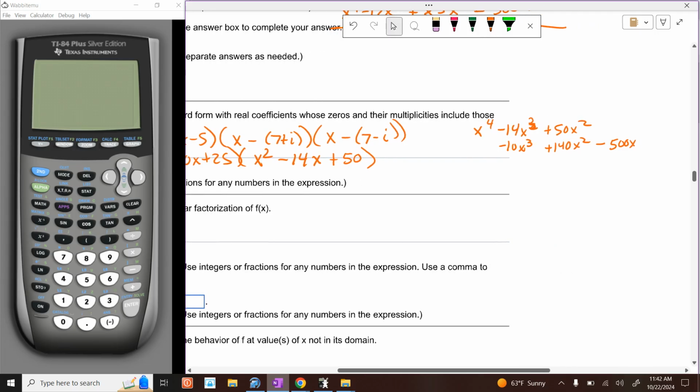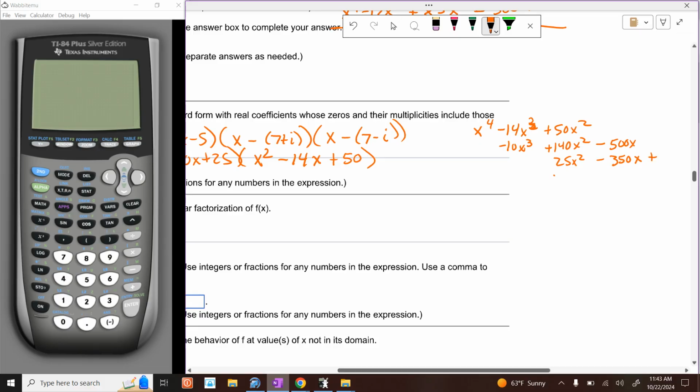And then 25 times all of them is 25x squared minus 25 times 14, 350. I was just about there doing math in my brain there.